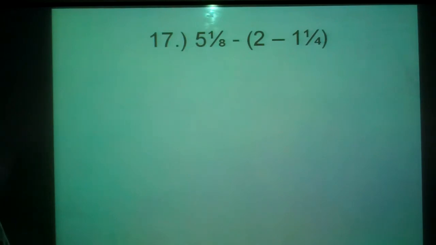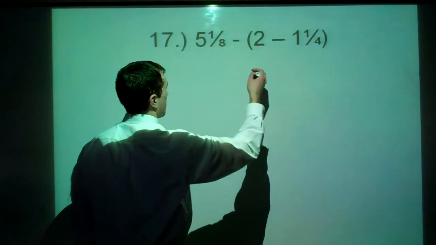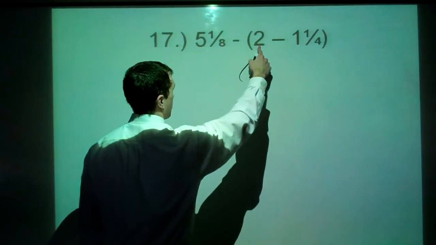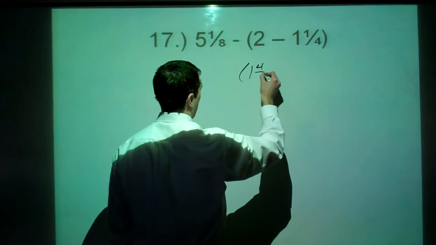Okay? 5 1/8 minus the quantity of 2 minus 1 1/4. So we want to do this first. What we're going to do for this is 2, we're going to turn into 1 and 4 over 4.